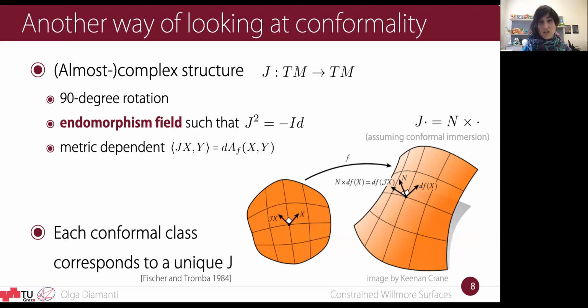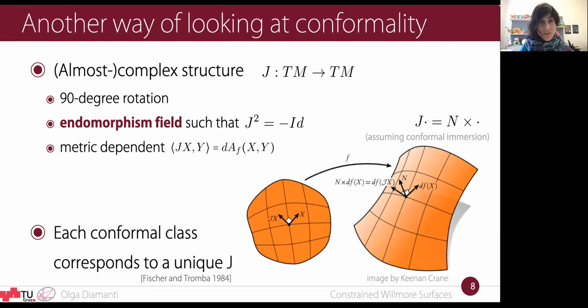It squares to minus identity, and it depends on the metric. So it turns out that every conformal class corresponds to a unique structure J. So these immersions will be conformally equivalent if and only if they induce identical complex structures. I'm not going to need this for this talk. This is just another fact.